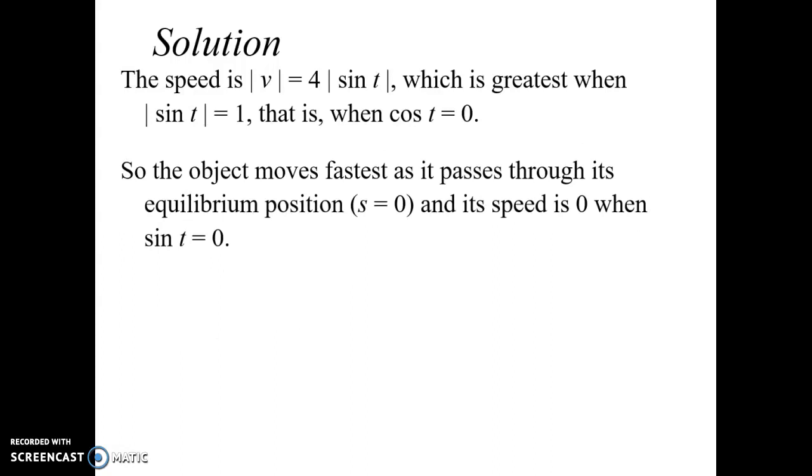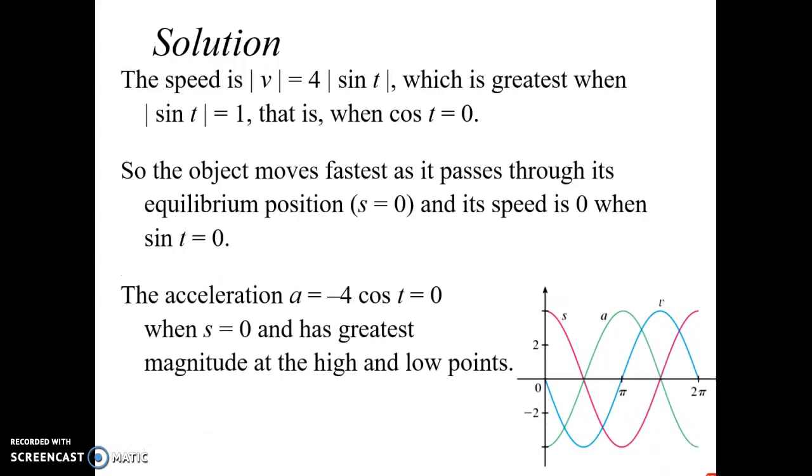So if I took the absolute value of the velocity, I would get the speed. The object moves fastest when it passes through the equilibrium position at s equals 0, when the sine of t is equal to 0.